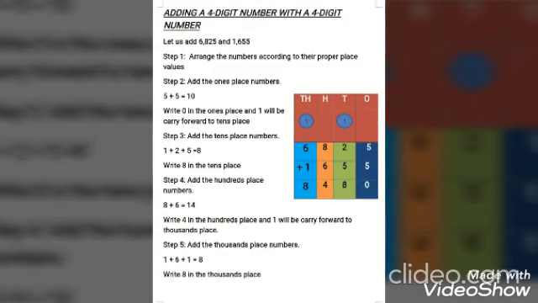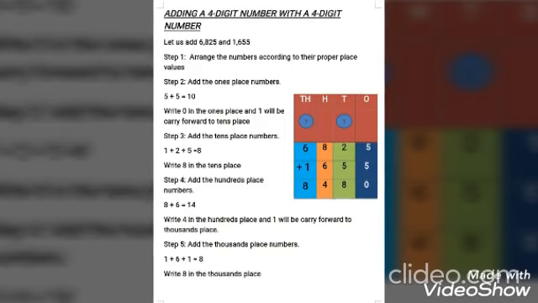Now again I have taken an example, and the example is 6825 and 1655. So children, tell me, your first step is to arrange the numbers according to the place values. Fine. Now I have arranged the numbers. Now let us start adding the numbers which lie under ones place.